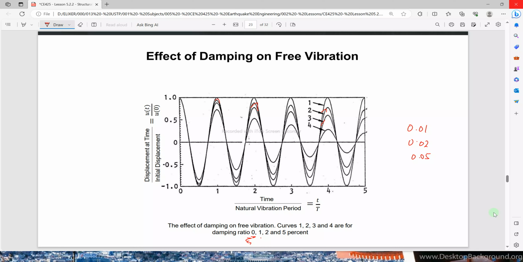The third curve has a 2% damping ratio, and the last one has a damping ratio of 0.05. The more the damping increases, the more energy is released, meaning the structure returns to its original or neutral position in a shorter period of time.